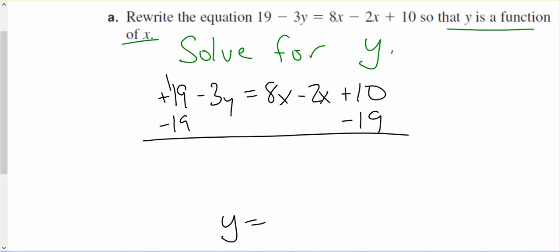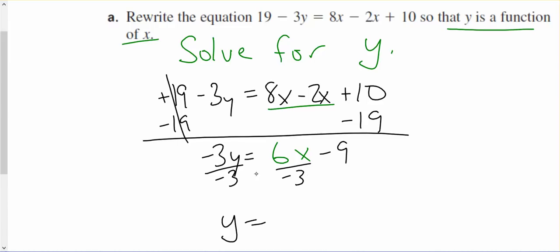Now, while I'm doing that, we're also going to combine these like terms. So 8x and negative 2x combine to make 6x. 10 minus 19 makes negative 9. And now we're going to divide everything.